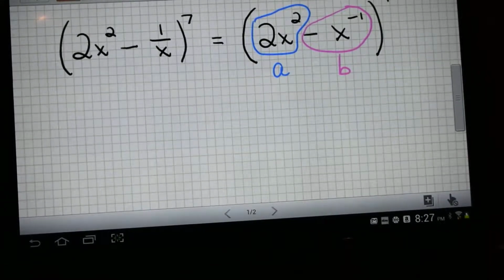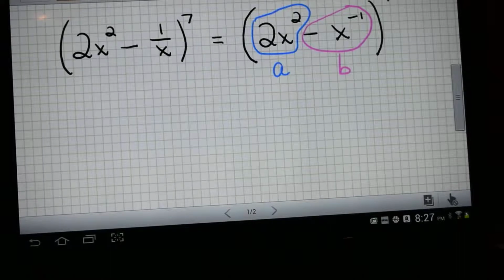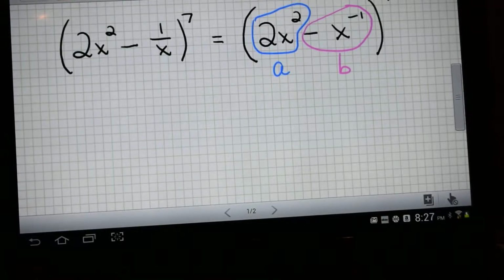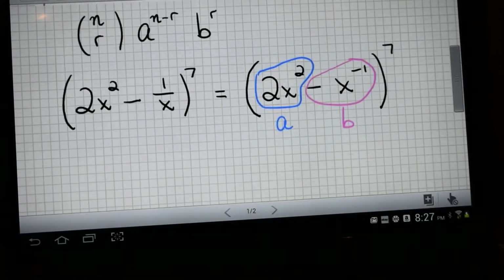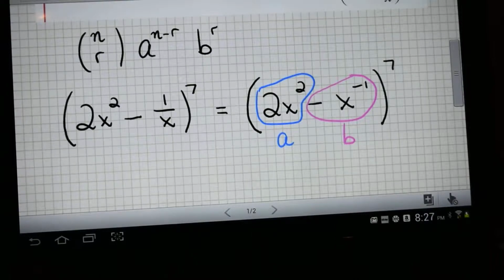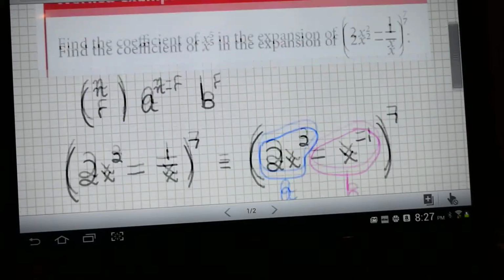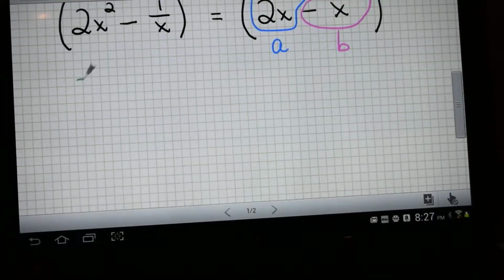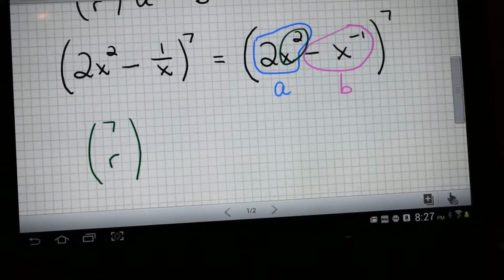So, anyway, let's set this thing up. So we have an R. Our n is 7. I don't really know what R is at the moment, because we have an x here and an x here, so I can't be certain that R is 5.